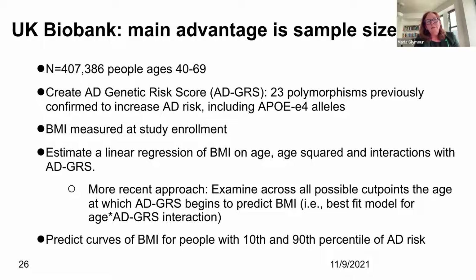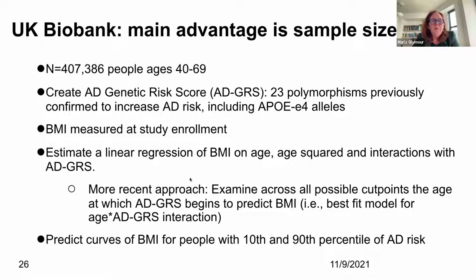We subsequently improved on that by allowing the AD genetic risk score to begin to interact with age at different ages, and we chose the age at which it was the best fitting, to show that there's a change in the age trajectory of that exposure.